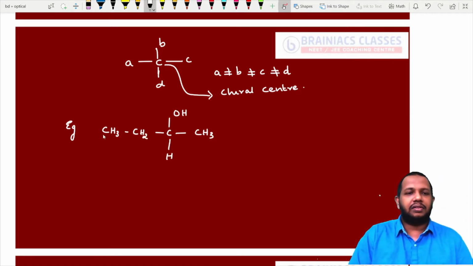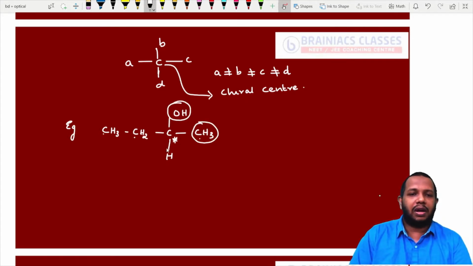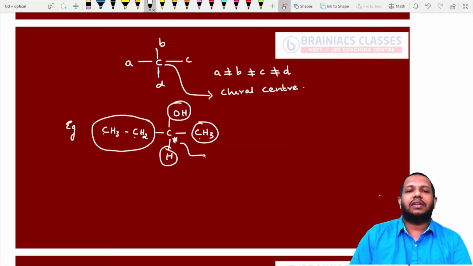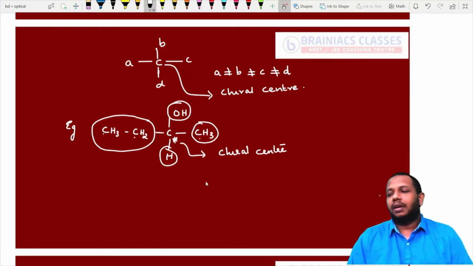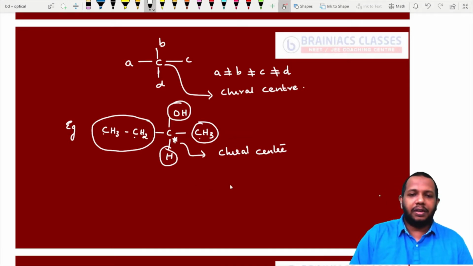Now I know that this carbon is not chiral because all three are hydrogen atoms, here two hydrogen atoms, here three hydrogen atoms. But this one is chiral because one group is CH3, another group is OH, another group is hydrogen, and the next group is ethyl. So all are different. So I can say this is a chiral center. Clear?